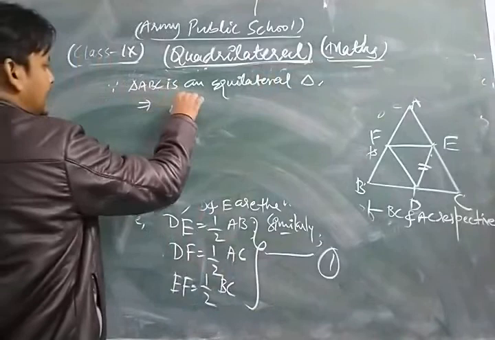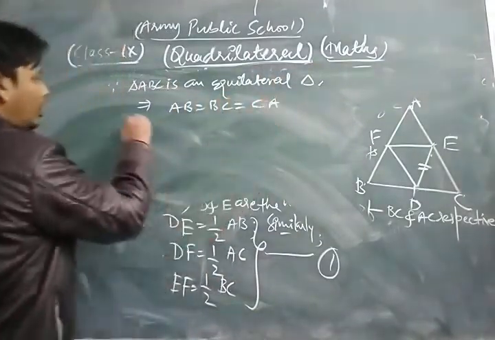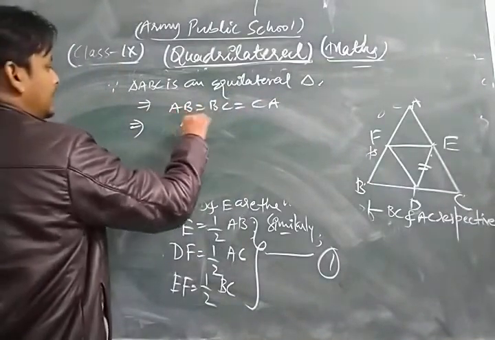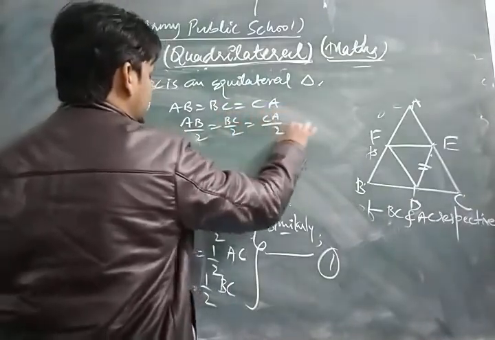This implies that AB equals BC equals CA, and if we divide by 2 on all sides, we can write AB by 2 equals BC by 2 equals CA by 2.